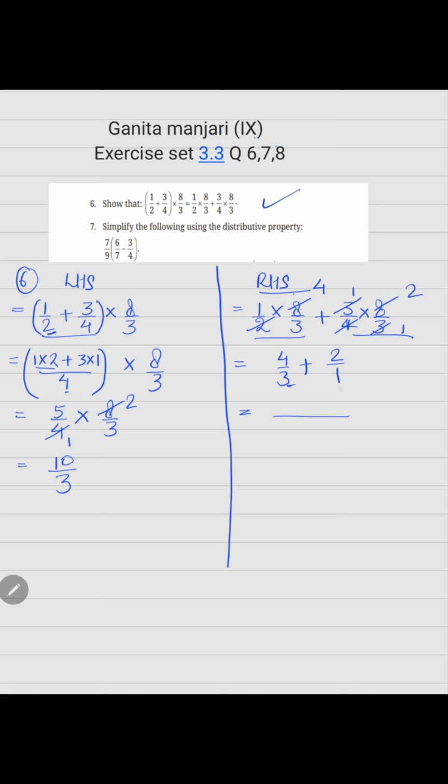We have to take the LCM of 3 and 1. The LCM of 3 and 1 is 3, so we write the number 4 as same, and 1 into 3 is 3, so we multiply 2 into 3, 4 plus 6 upon 3. We got LHS side equal to RHS side.